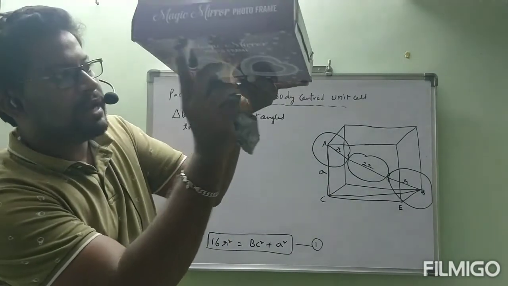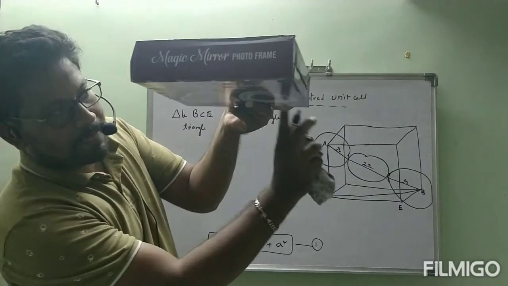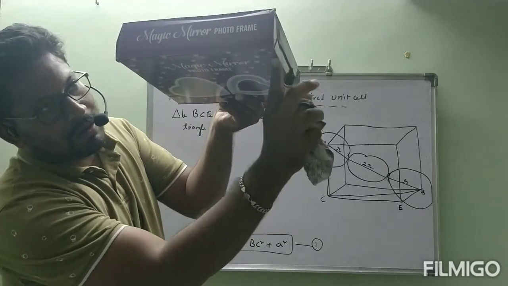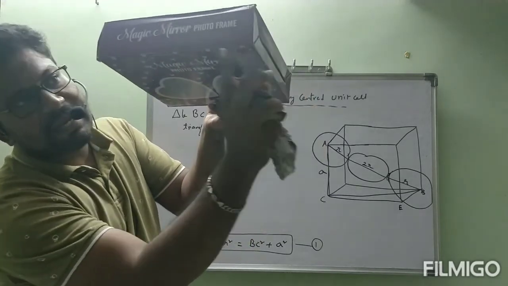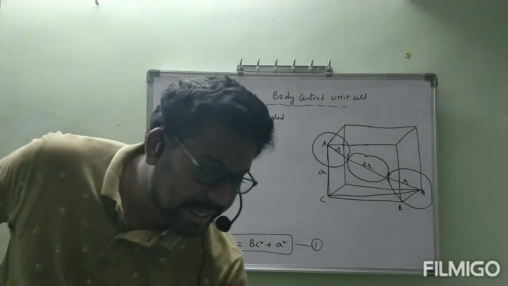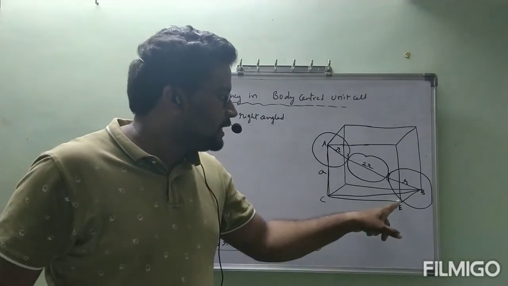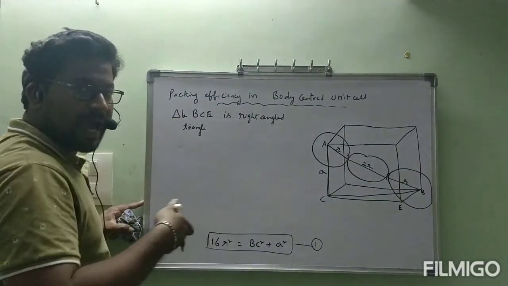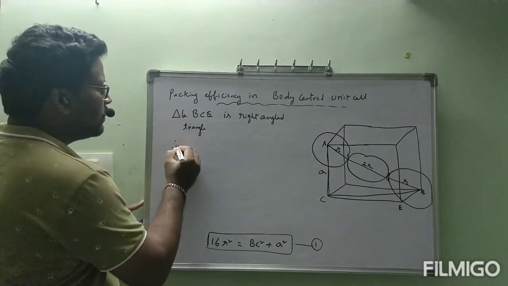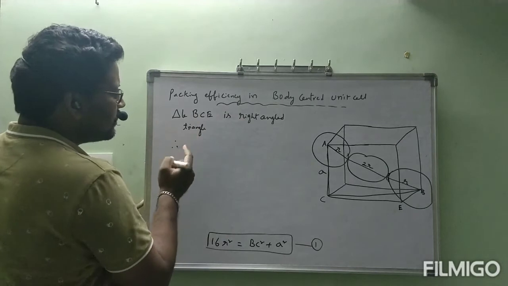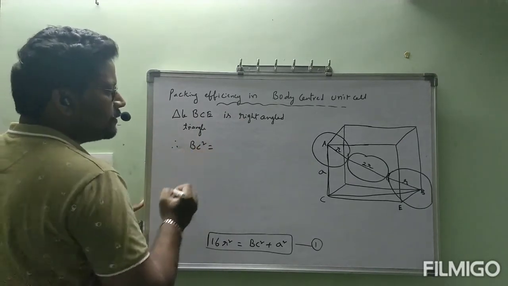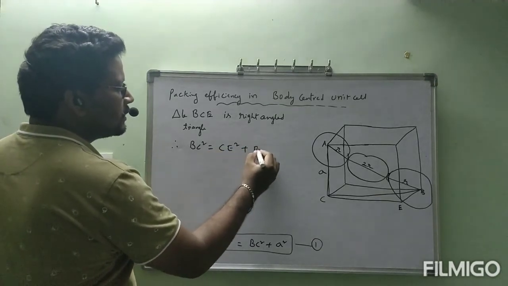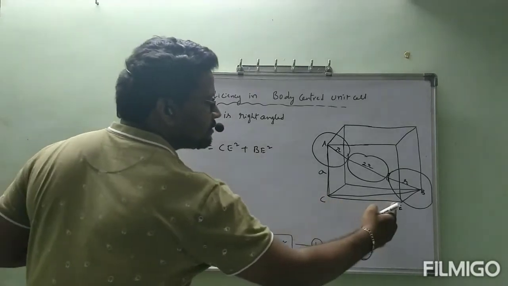I joined B and C, that is the face diagonal. This BC and E is a right angle triangle, right angle at E. So what is the hypotenuse? BC is the hypotenuse. Therefore, BC square, hypotenuse square, is equal to side square plus side square: CE square plus BE square.